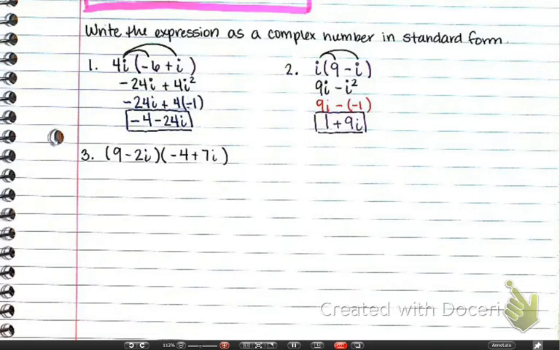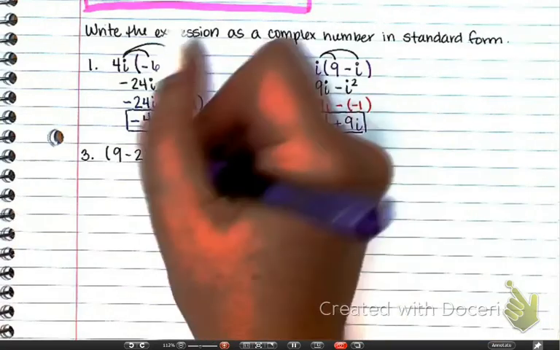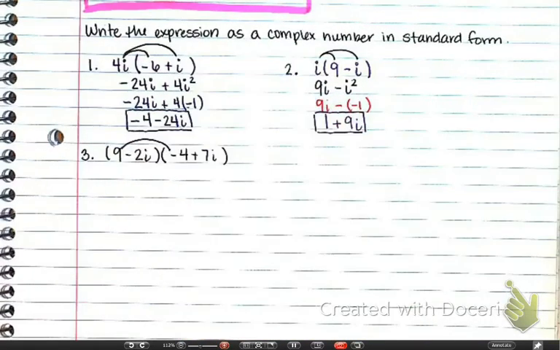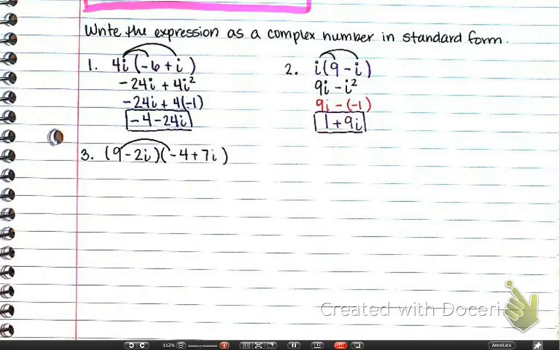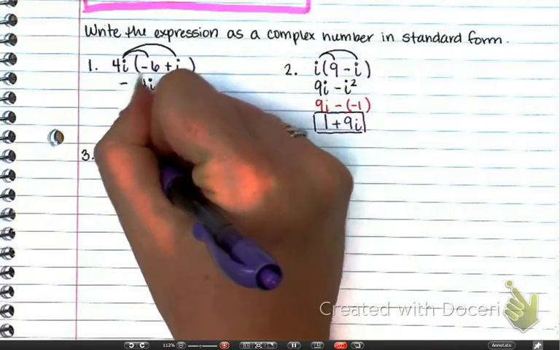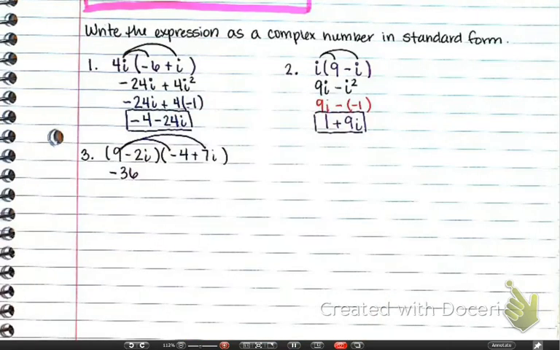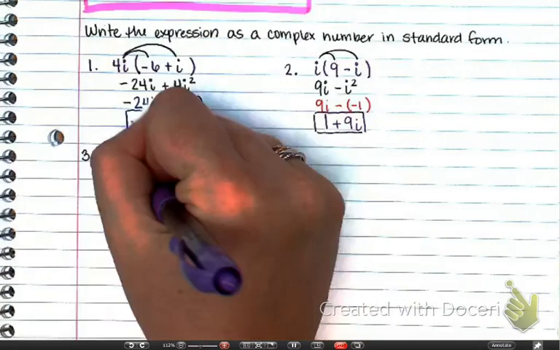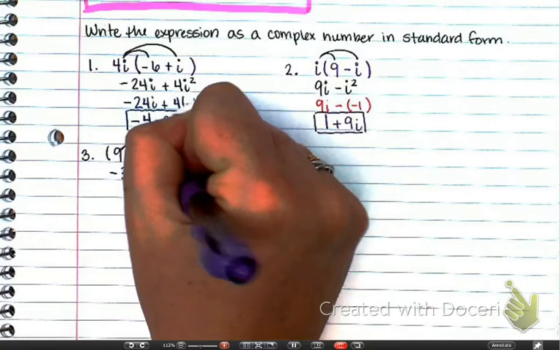Okay. We said distribute, so let's go distribute. If you prefer the box, I'll do it on the next one. So if I distribute 9 times negative 4 is negative 36, okay. 9 times 7I, 63I.